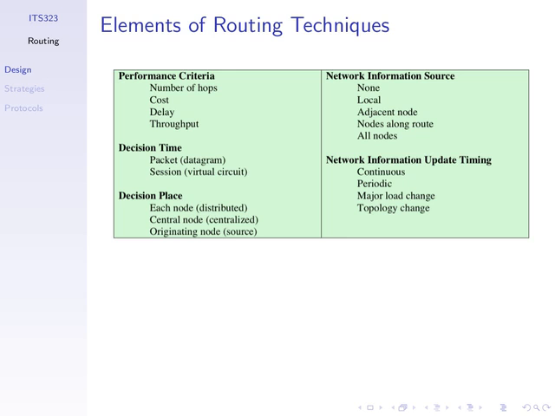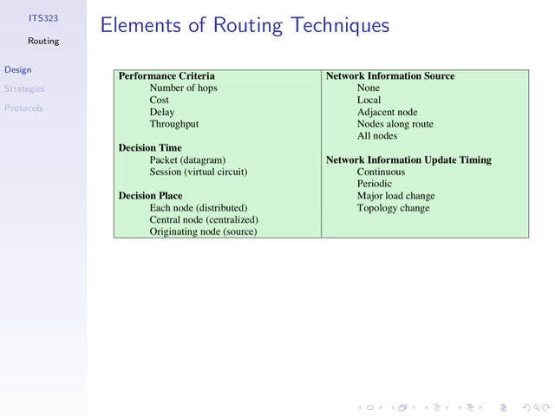What else do we do? Who decides on the path? We have a network. If I'm the person who built this network, I could decide upon the path and program it into these devices such that data will take a particular path. That would be a centralized approach. There's one central node that makes the decision.